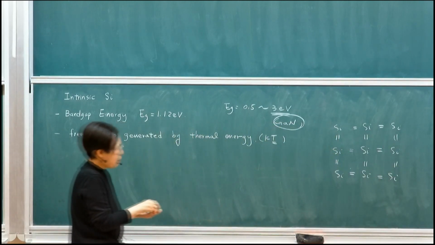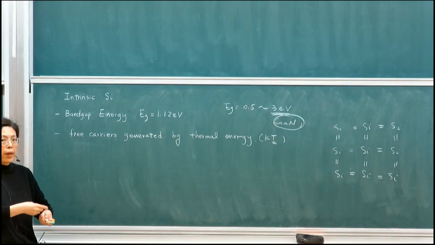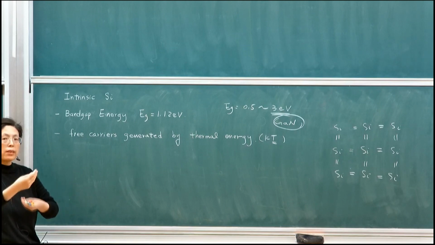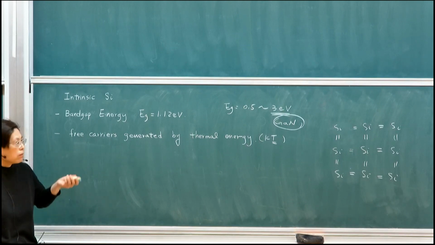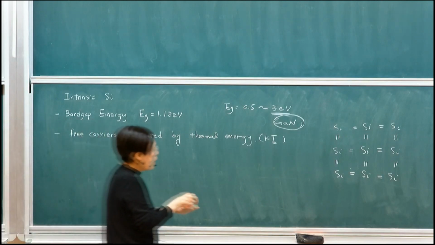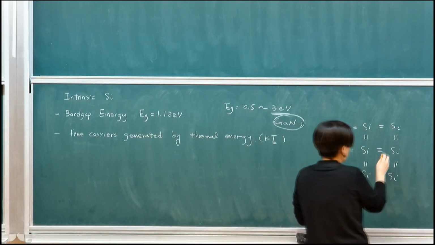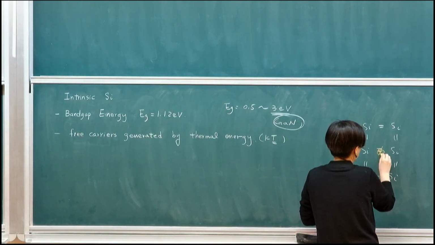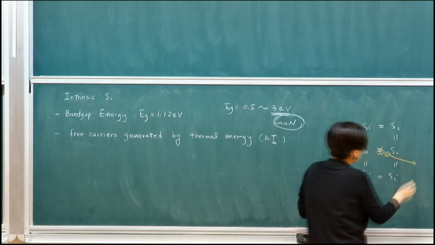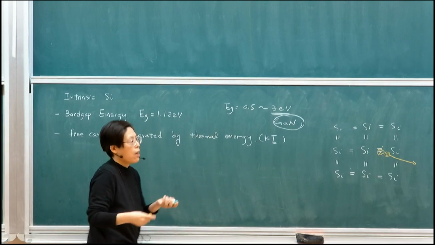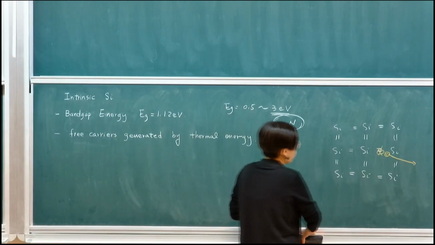So let's say you start with a perfect intact crystal where all of the bonds are well bonded. Then there's the thermal energy, and this bond is broken. And this electron will leave the area and create a hole.